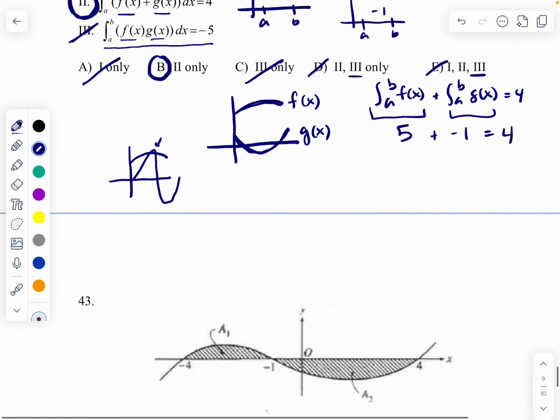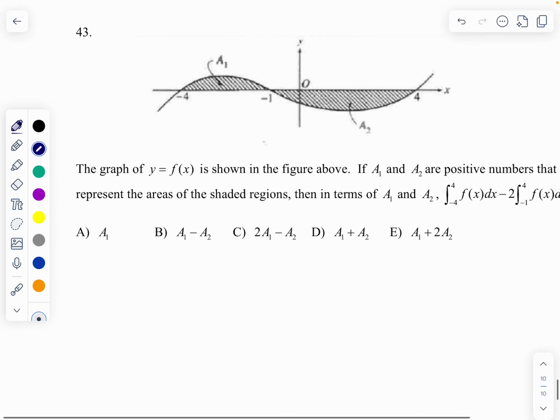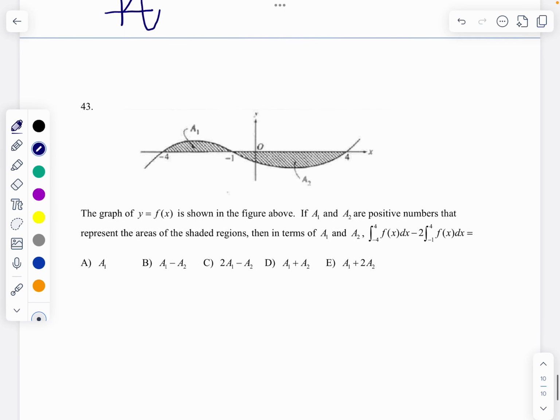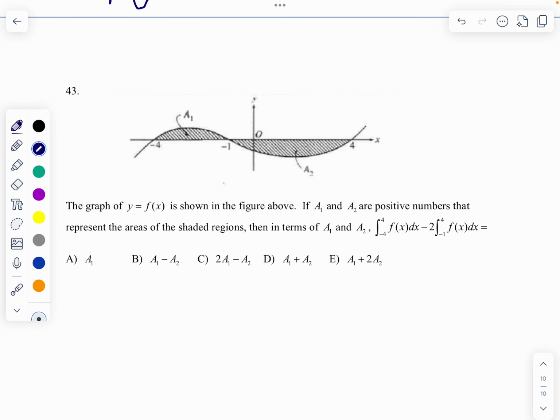Okay, and then the last one, let's look at this guy. The graph of f of x is shown. A1 and A2 are positive numbers that represent areas of the shaded regions. In terms of A1 and A2, I need the integral from -4 to 4 of f of x minus 2 times the integral from -1 to 4 of f of x. This means the area under the curve from -4 to 4.